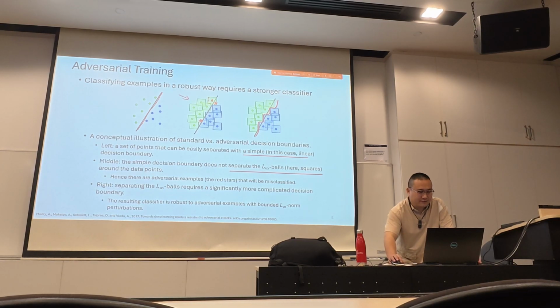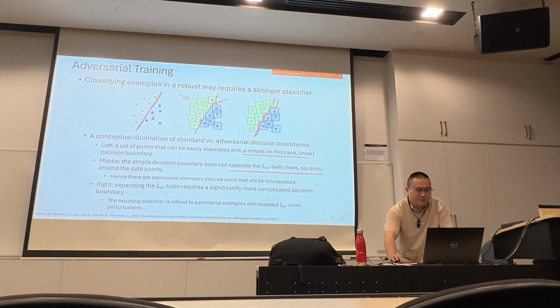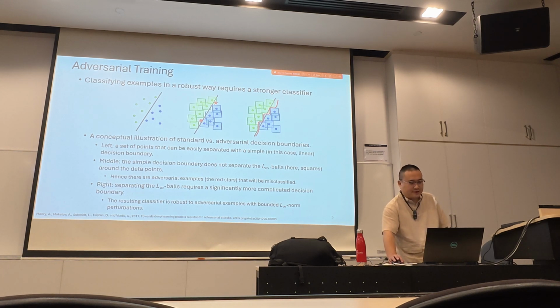You can see that some adversarial examples can go across the decision boundary, and that results in adversarial attacks. So it means that using a simple line to separate the points, although we can achieve good accuracy, it's not adversarially robust against the attacks.